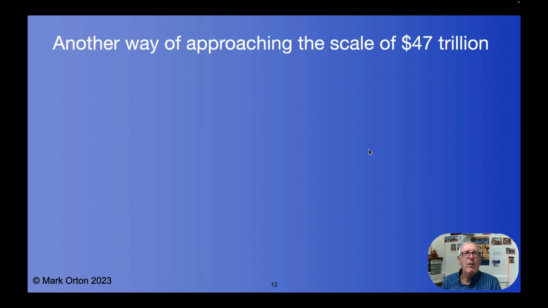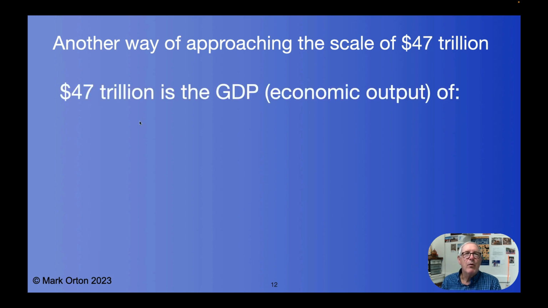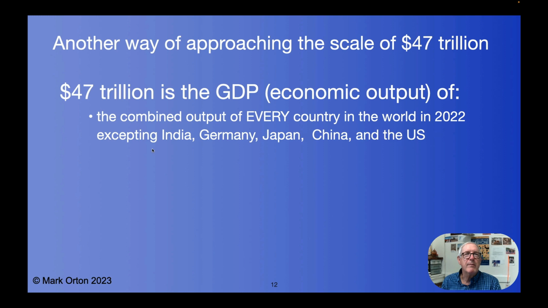Then I thought, what if we looked at the economic output of the world? 47 trillion is the combined output of every country in the world in 2022, except the top 5: India, Germany, Japan, China, and the US.